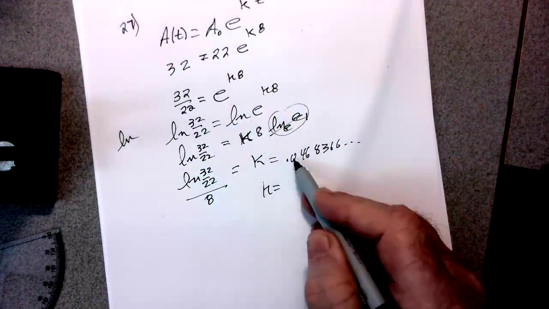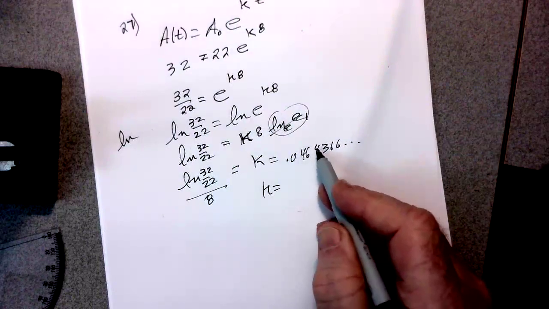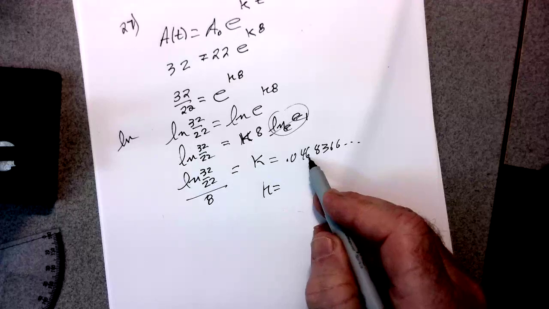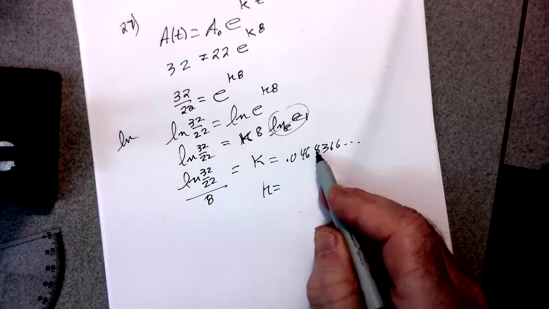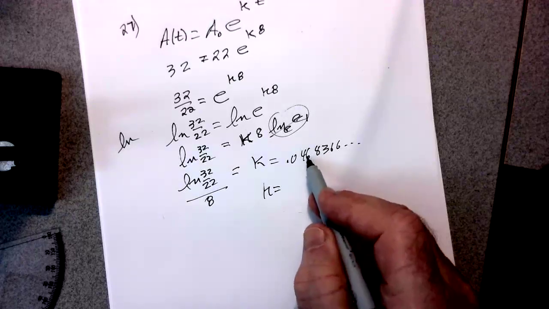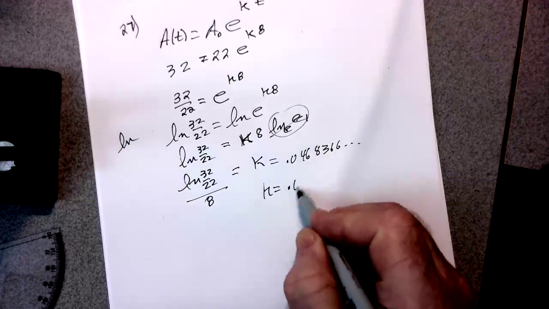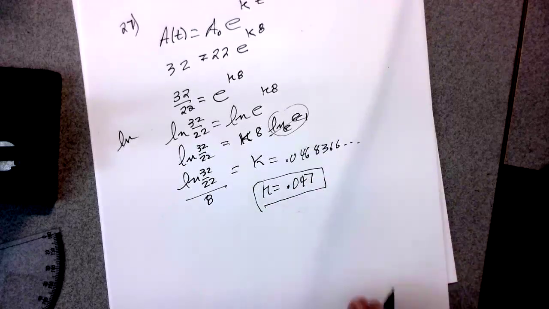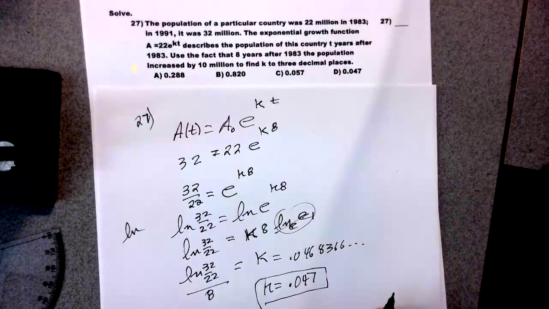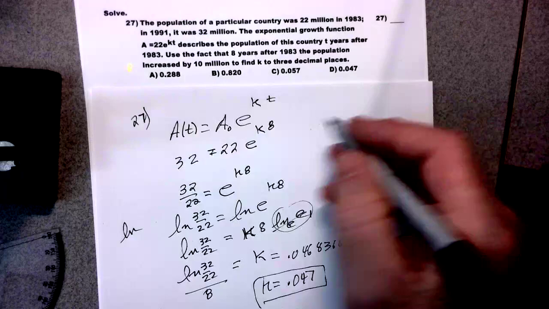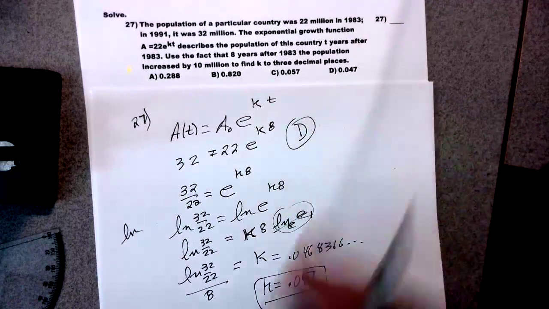So tenths, hundredths, thousandths, and we'll round to the thousandth place, and this next digit, the ten-thousandth place, is an 8. If you remember your rounding rules, it says to increase this 6 to a 7. So that's the k factor that we wanted. And so what answer choice is that? The answer to number 27 is D.